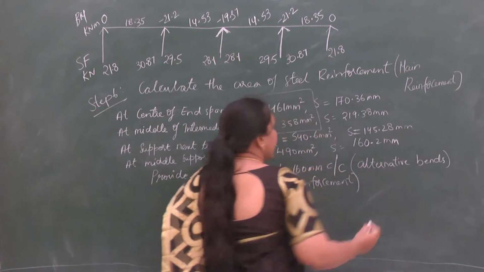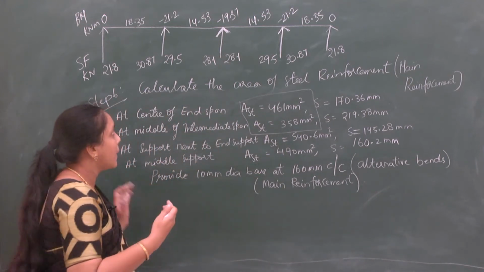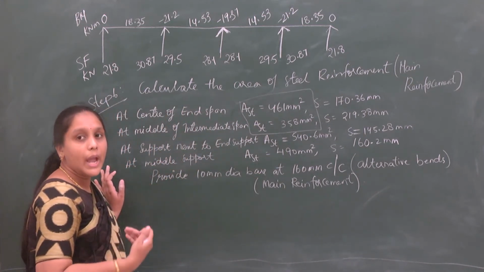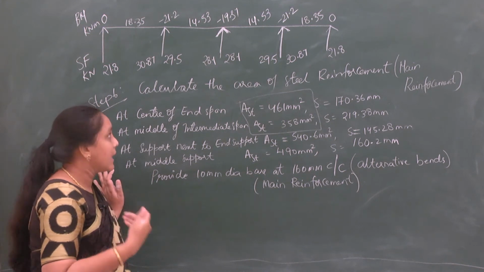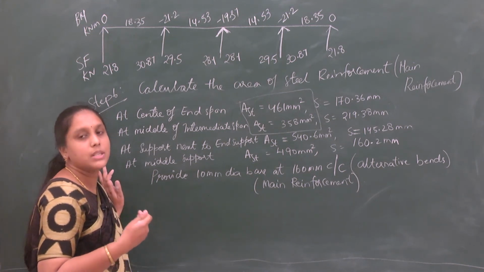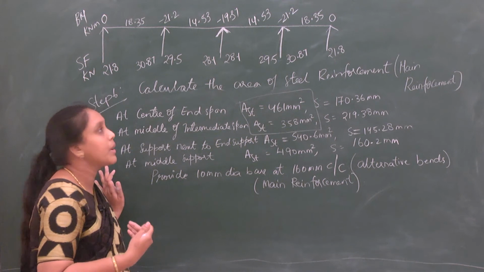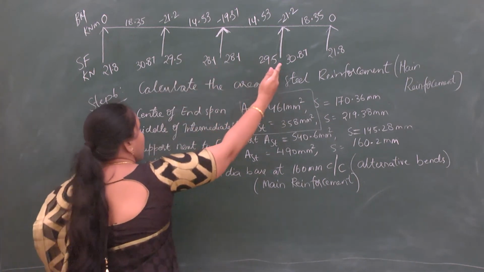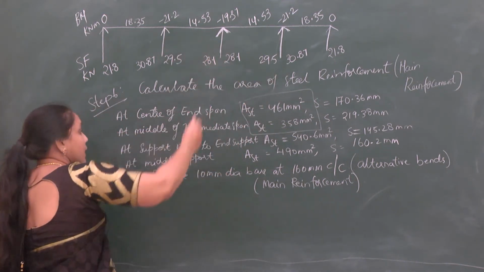So to take the negative bending moment, we have to provide extra main reinforcement bars at the supports, because at the supports we have the negative bending moment.